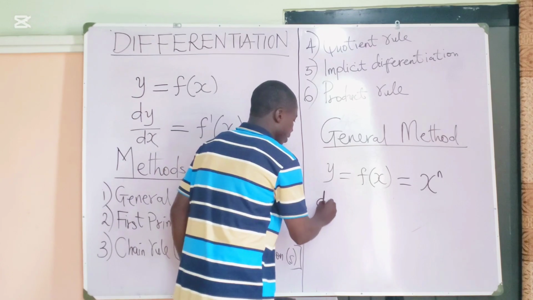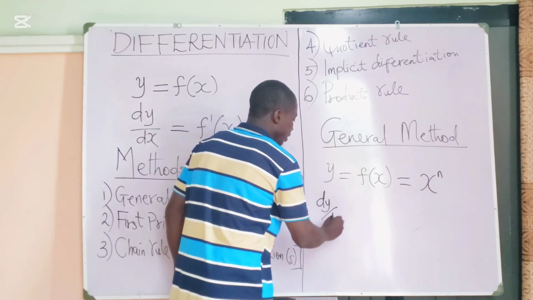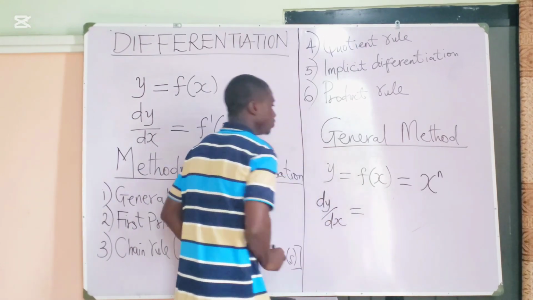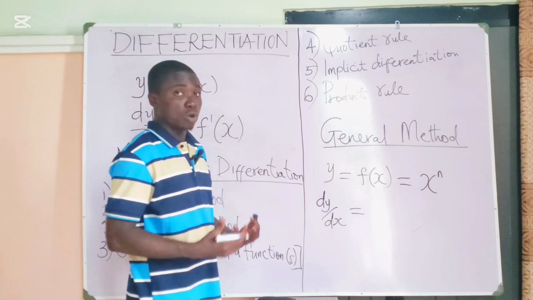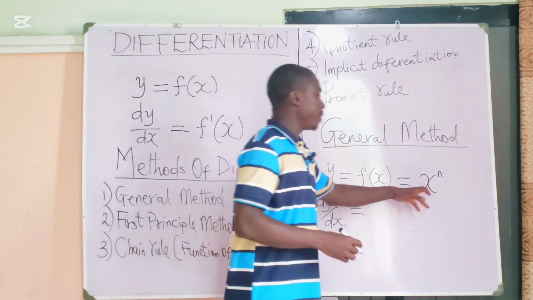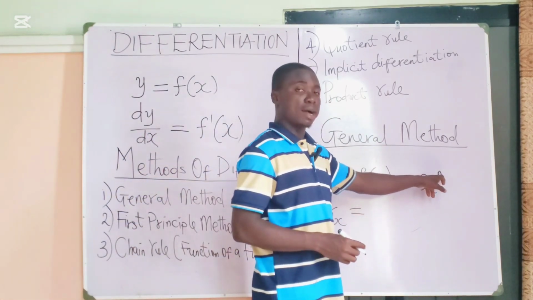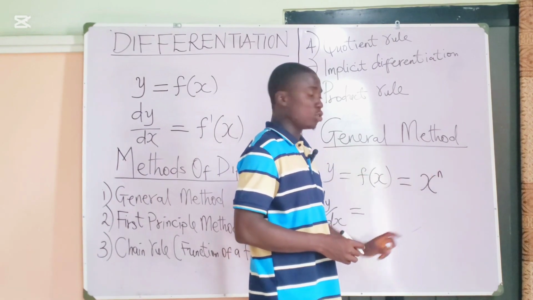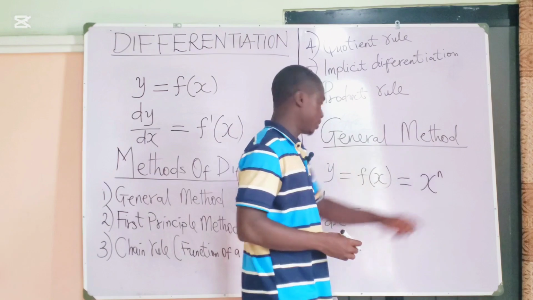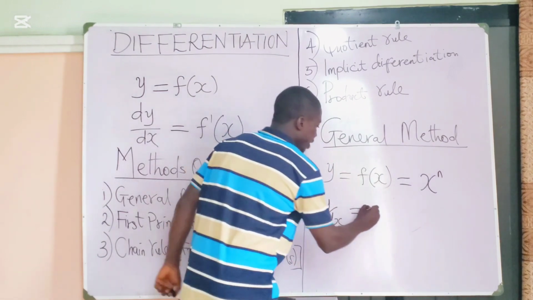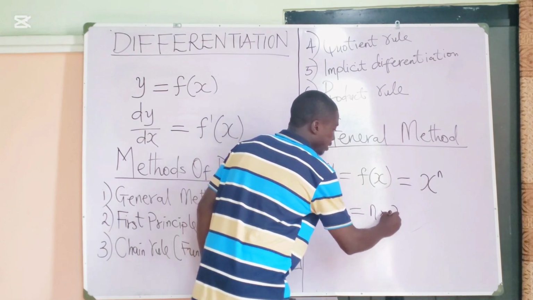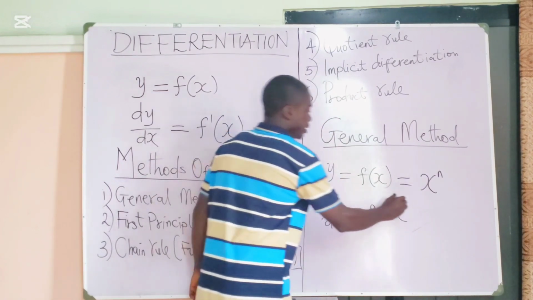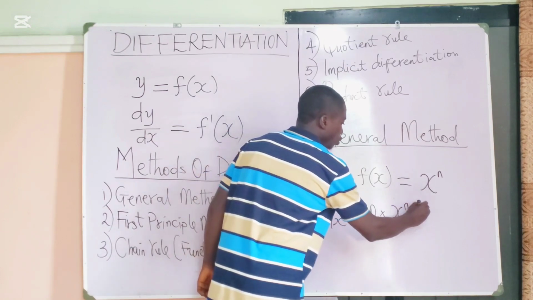So dy all over dx is equal to, now this is how the general method works. You multiply x by its power and then subtract 1 from the power of x. So here we have n multiplied by x to the power n minus 1.